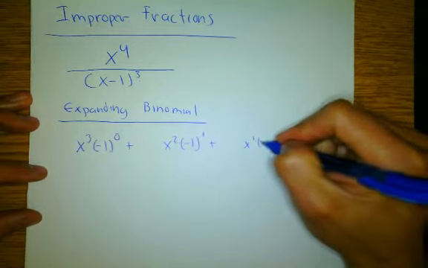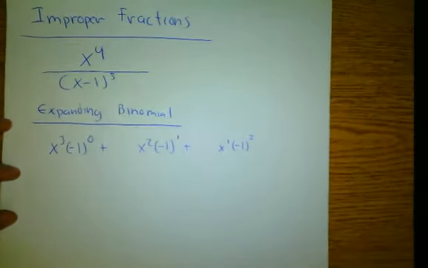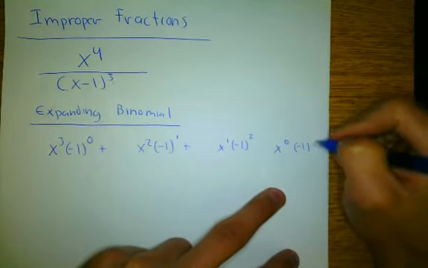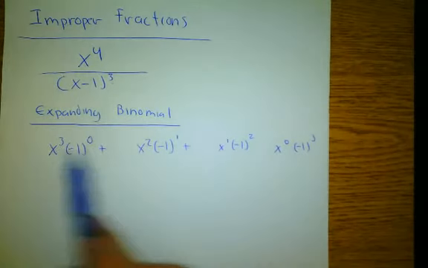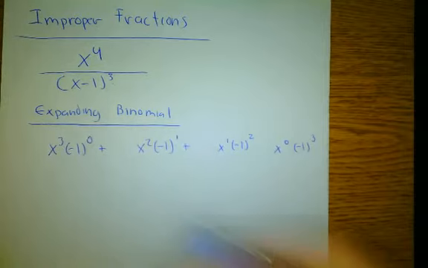And the last one is going to be x to the 0 negative 1 to the third. Is this coming back to you a little bit? It's descending in order and then ascending in order, right? I always put a plus sign after every term. Are we okay with that?